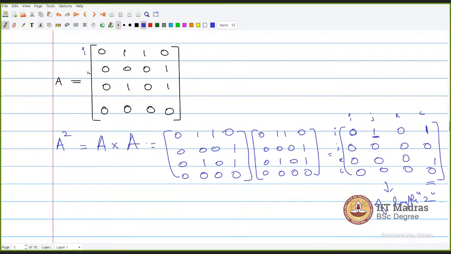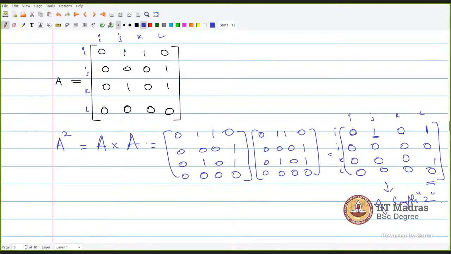Sir, where has the 2 gone? There was a 2 in the first row. Yes, there was a 2 in the first row. That is what I said. If you get any number other than 0, you just replace that number with 1. So this is 2, a non-zero entry, and I just made it 1.